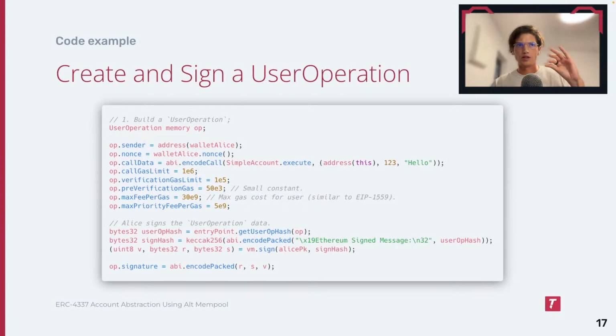So op.signature is not filled out yet. And I mean, we could hash it ourselves, but you can also just simply call entry_point.getUserOpHash, pass in the op, and you get the hash returned. And then this hash is signed as an Ethereum signed message, and then it is packed inside of the variable op.signature.